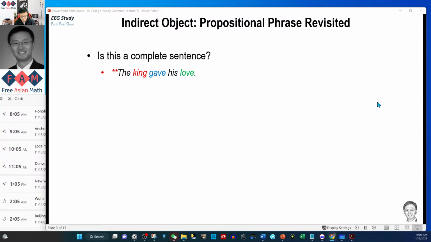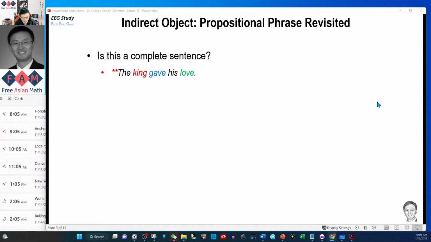You're right. This sentence is not a complete sentence because this particular verb give, when it has an object love, logically we would want to know where this love goes, right? So typically when you have a transitive verb, you have an action, and that action has a recipient.